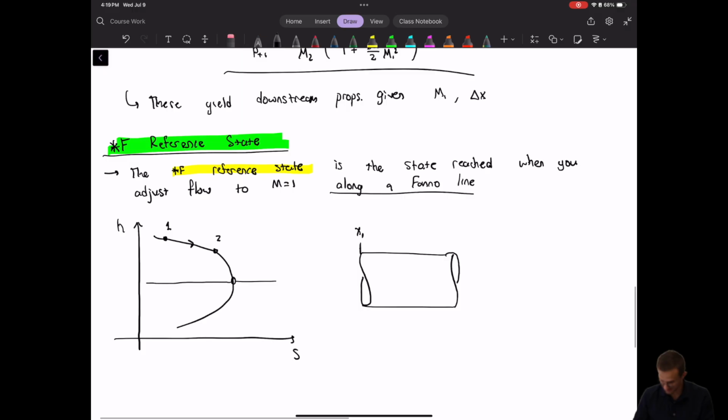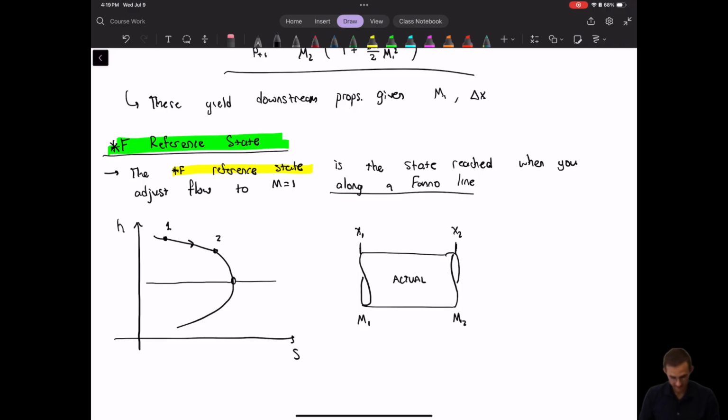So let's say that this is a Fanno duct. We have x1 and x2, and then at x1 the Mach number is M1, and at x2 the Mach number is M2, and then this is sort of like an actual, physical duct.